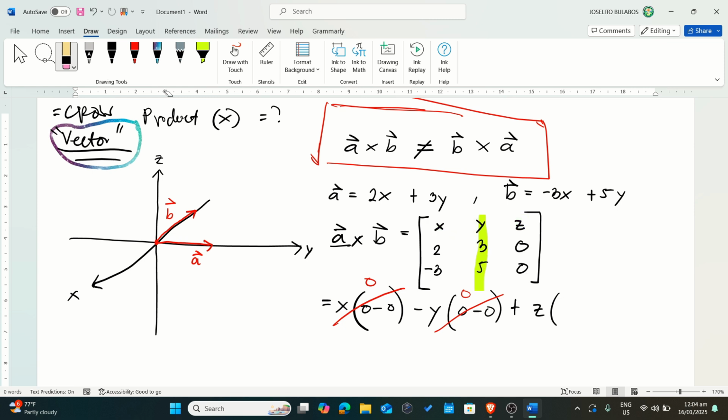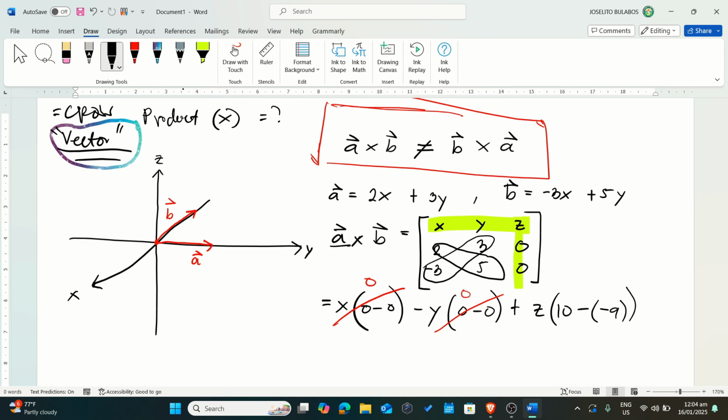For the z, I'm going to get rid of this one and this one. So we have this and this. So 2 times 5 is 10 minus negative 3 times 3 is negative 9.